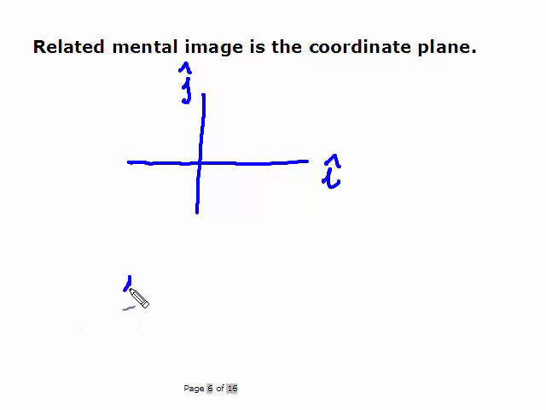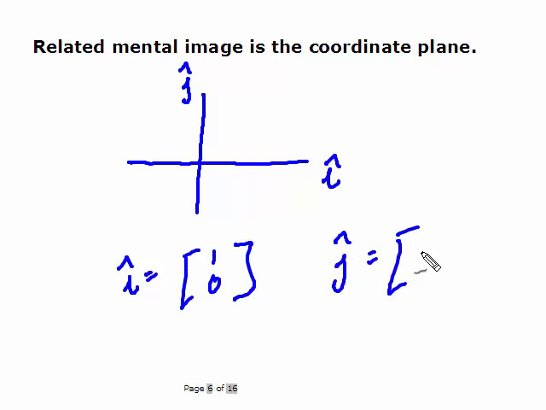So here is the related mental image, and it's just the coordinate system. So you have i and j. You have your 2 coordinate vectors that make up the coordinate system. So what is i? And j is 0, 1.